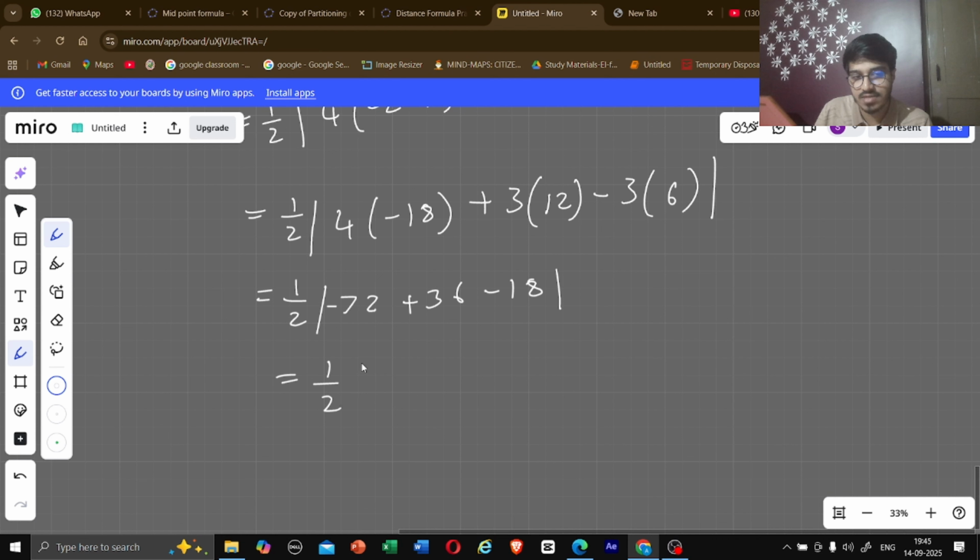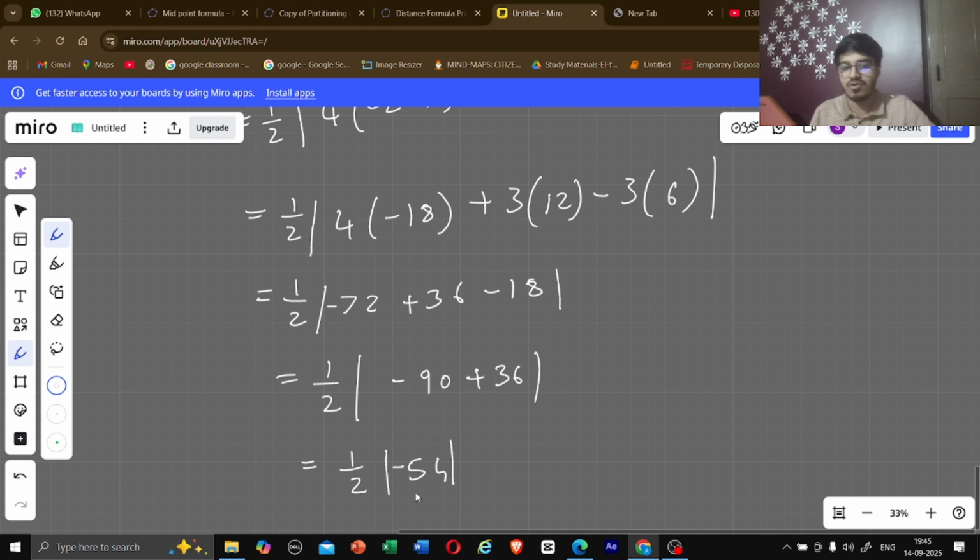Area of triangle is equal to half modulus of minus 72 minus 18, it's minus 90, plus 36. So half into modulus of minus 90 plus 36 is minus 54.